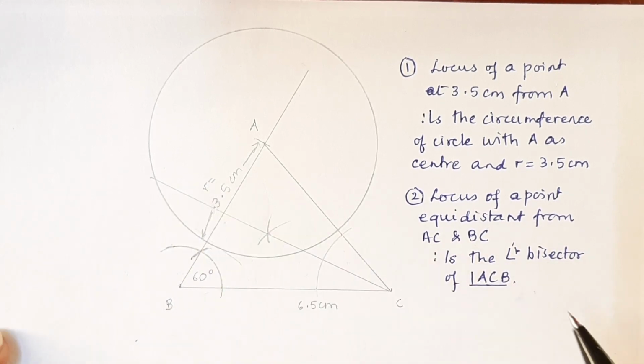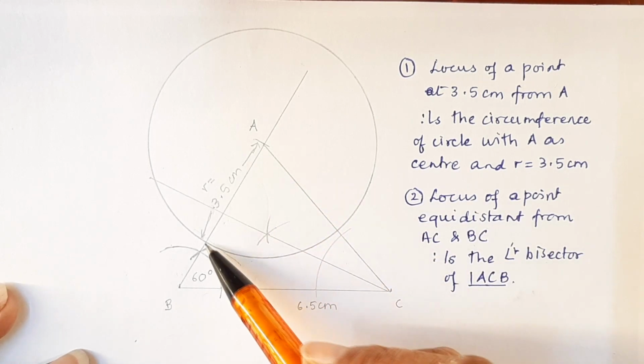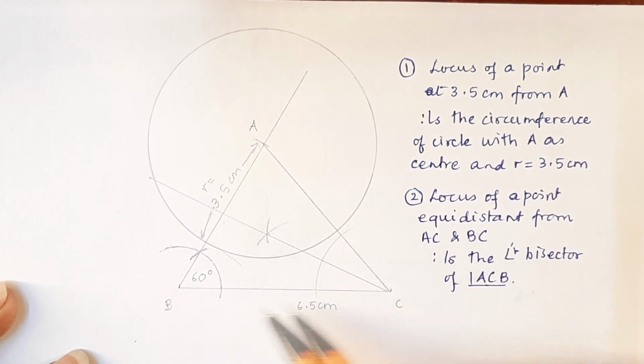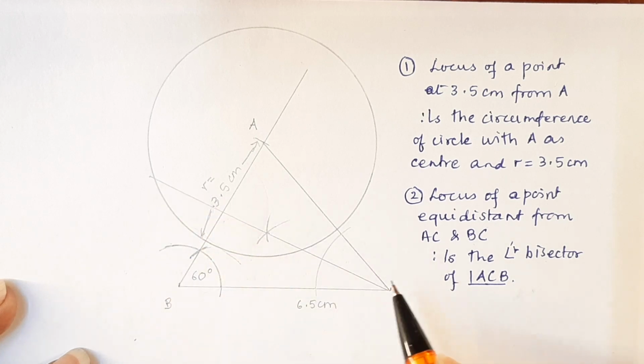this is the locus. Now, what does our question say? Mark 2 points X and Y which are 3.5 centimeter from A as well as equidistant from AC and BC will mean that they are the intersections of the circumference of the circle and this angular bisector.